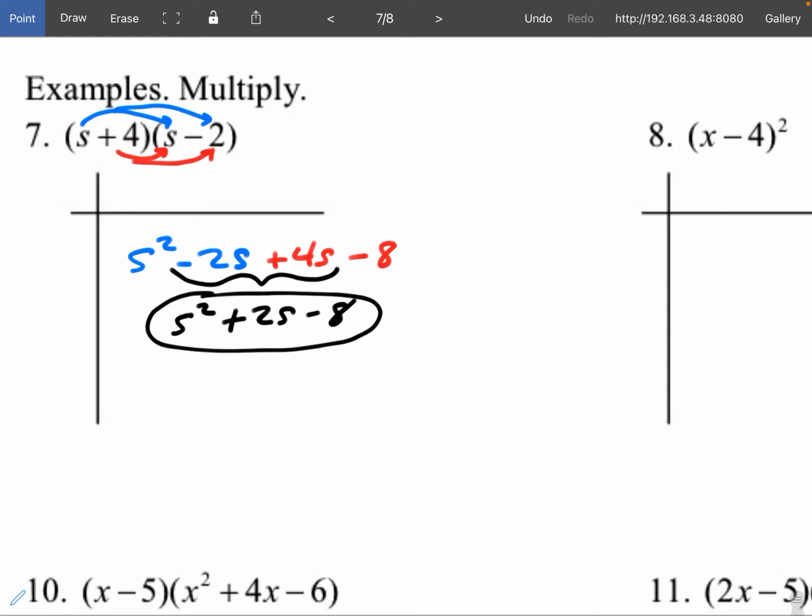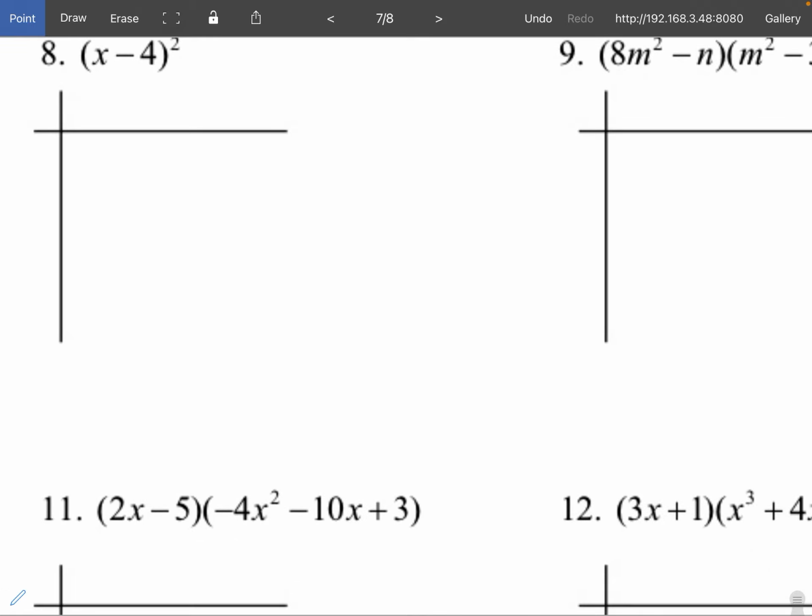And then we did the positive 4 times the negative 2, which is the last terms in each binomial. So that would be first, outers, inners, last. So they call it FOIL. But really, it's just the distributive property twice.